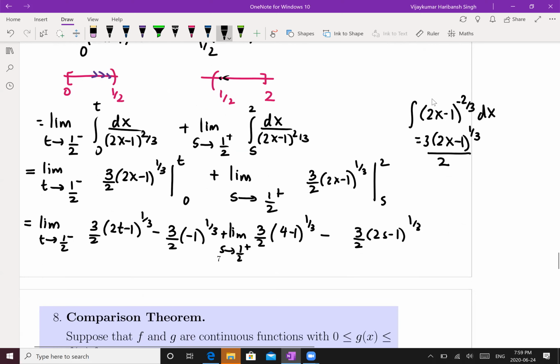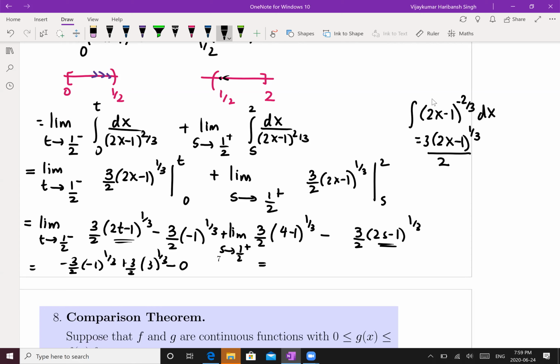Now let's compute it. So what do we get in this case? As t goes to half from the left, this will go to 0. So we have minus 3 by 2 times (minus 1) to the power 1 by 3. In this case also, you get 3 by 2 times 3 to the power 1 by 3 minus, as s goes to half plus, this will also go to 0.